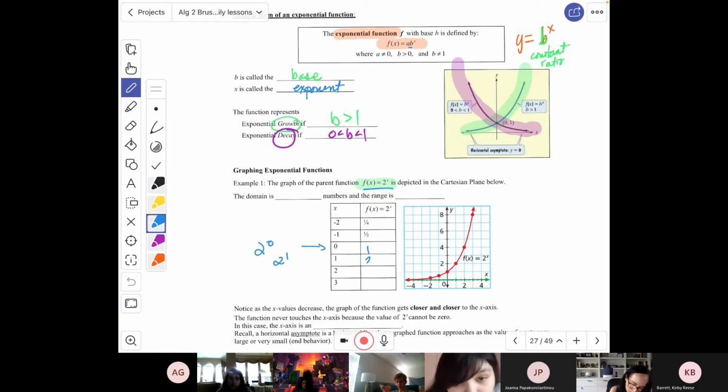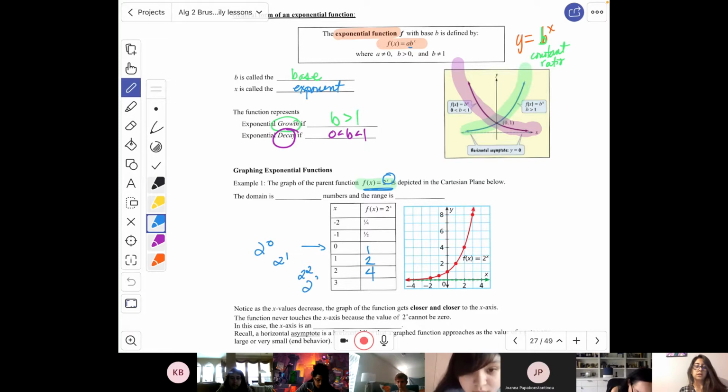If x equals 2, what is y? Sorry, miss, I don't know. Okay, well, we're looking at 2 to the second power, right? We're just substituting in 2 for x. What is 2 squared? 4? Yes! Ariana, what is 2 cubed, right? Because we're substituting in 3 now for x.